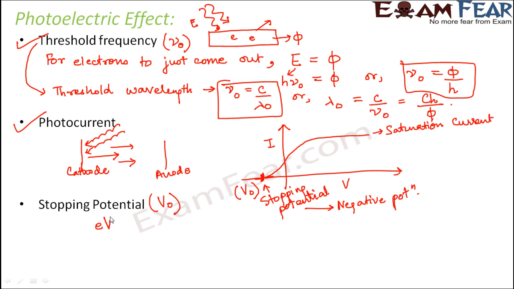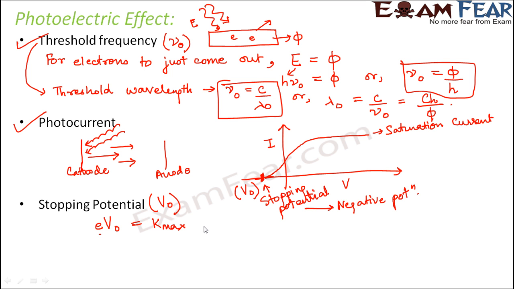So we say that eV0 is equal to Kmax. That means when the value of potential is V0, then charge times V0 would be the corresponding energy. This energy becomes equal to the maximum kinetic energy of the photoelectron, and that is why the photoelectrons have to stop.